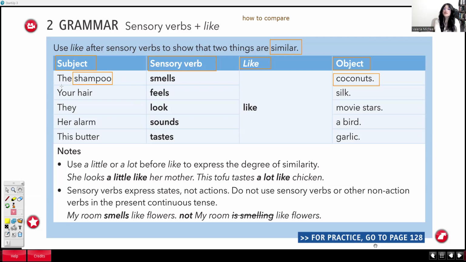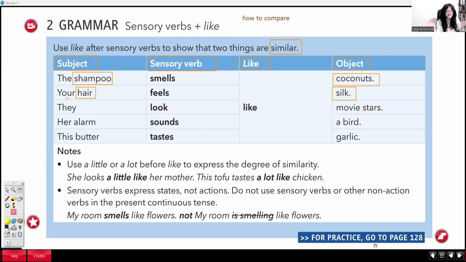Then we can compare your hair, for example, your hair feels like silk. Oh, your hair feels like silk. When I say feel, of course, I'm talking about touch. Feels like silk, right? But I'm obviously comparing. You have hair. Yes, of course. That's the first thing that you need to focus on.